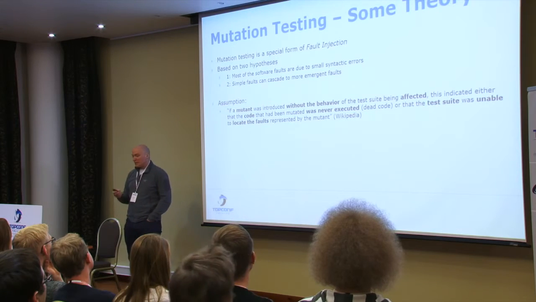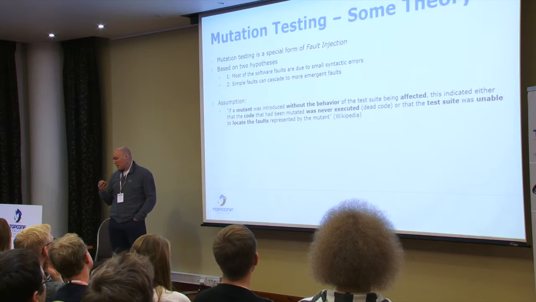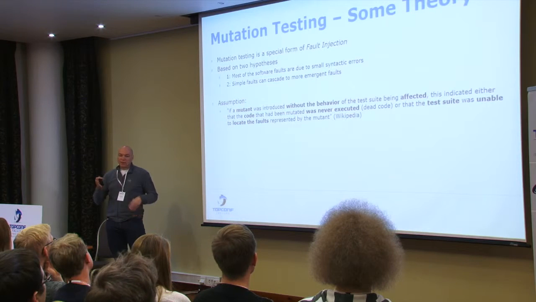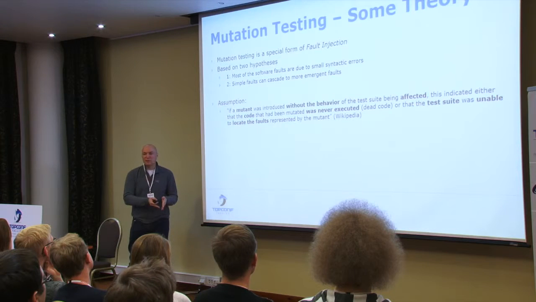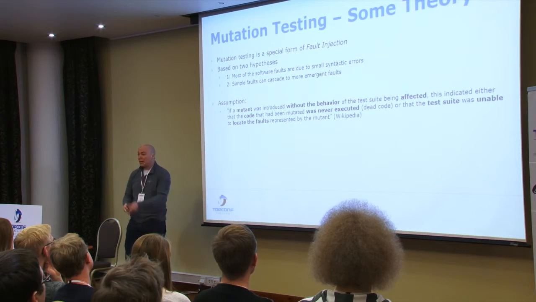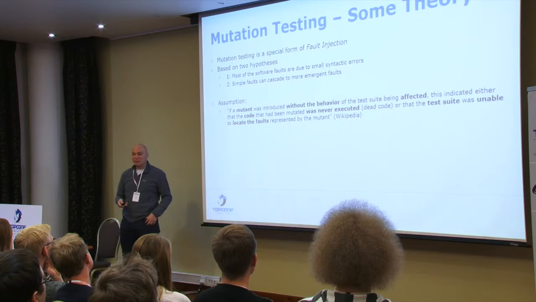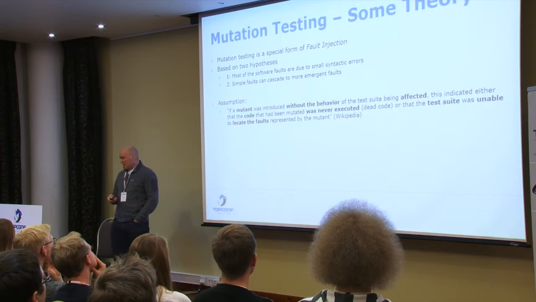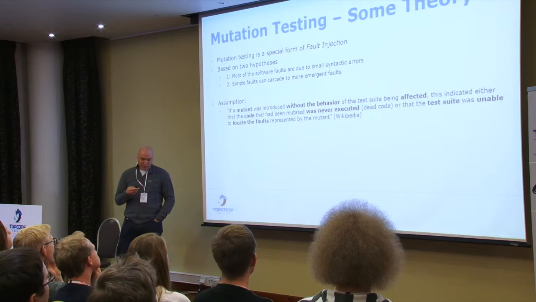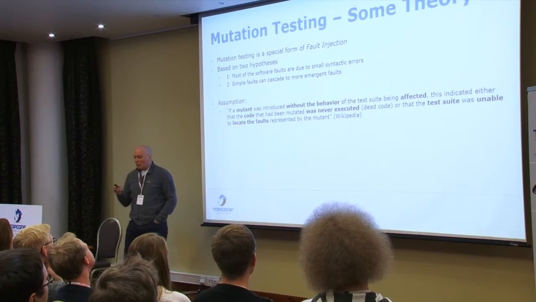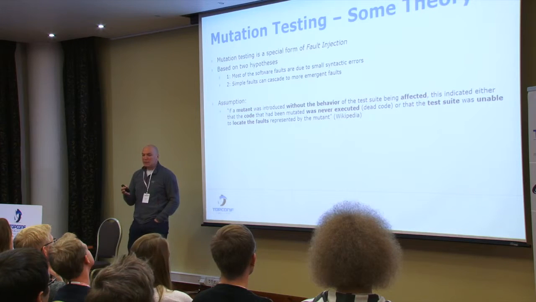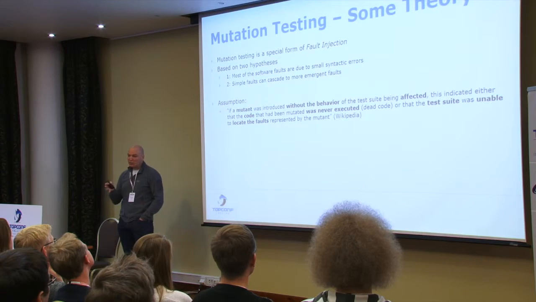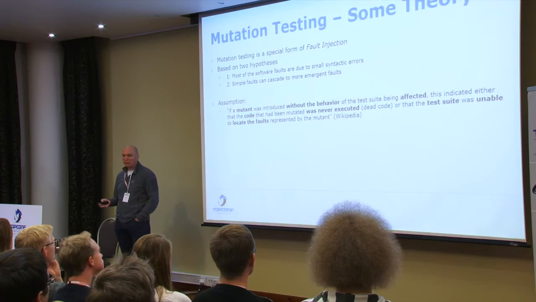The other one is the coupling effect: complex defects originate from simple faults, simple syntactic faults, like a missed exclamation mark, for instance. So the assumption for mutation testing is that when we mutate the code and the behavior of the test suite is not changed, then either the code is not used or the test suite is not capable of finding the fault.